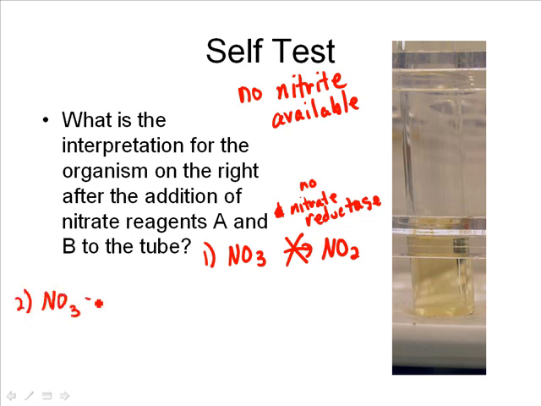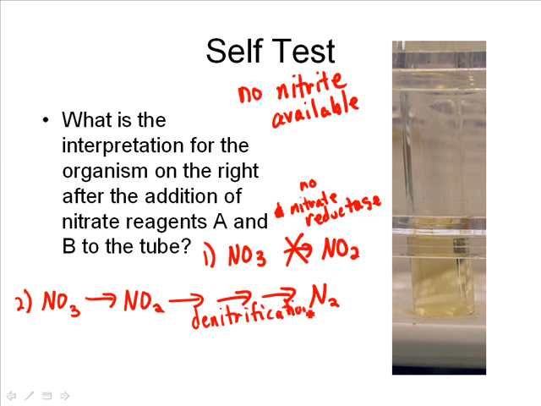Your organism had nitrate reductase, converted nitrate to nitrite, and then took that nitrite and converted it in a series of steps to molecular nitrogen, and that process is called denitrification. So you can look for nitrite all day, but nitrite is not available because we've already further reduced it to molecular nitrogen. So again, after reagents A and B, a colorless tube means either you're stuck at the beginning, you're stuck right here, or you are stuck there at the end.